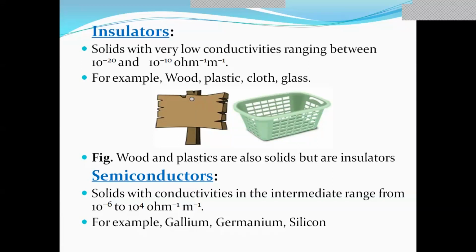Conductors have positive powers of 10 and insulators have negative powers of 10, and semiconductors have a range of values between conductors and insulators. Examples for that are silicon, germanium, gallium.